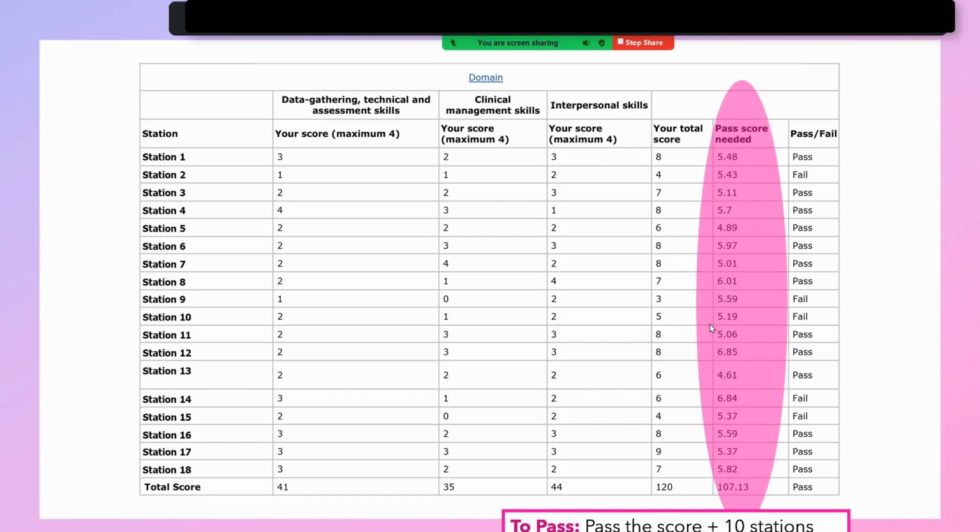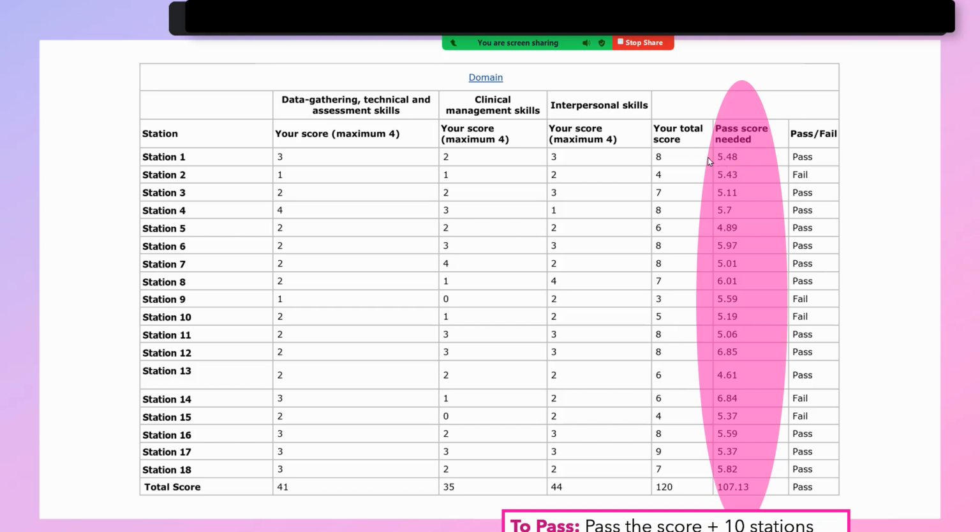There is no specific pass score for each case or for the total exam. Okay, the pass score depends on the general performance of the candidates. If the general performance of the candidates is high in one of the cases, the passing score will be high.